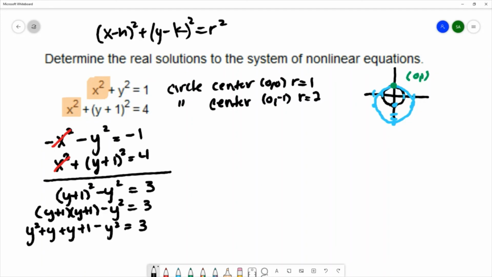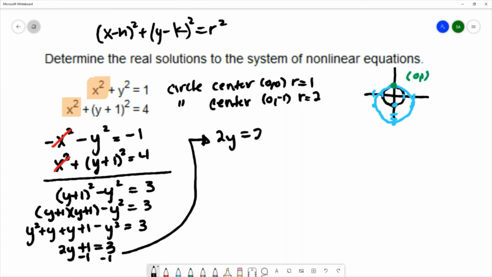The y's combine to be like terms. 2y plus 1 equals 3. I'll subtract 1 on both sides, giving me 2y equals 2. Divide both sides by 2 to get y equals 1. And that gives me the y coordinate of my solution.